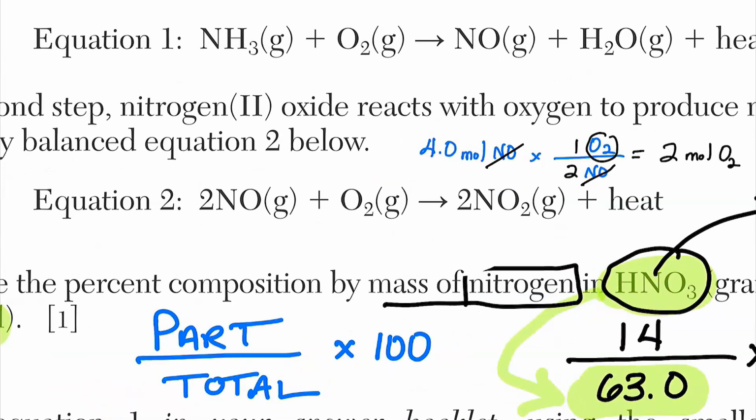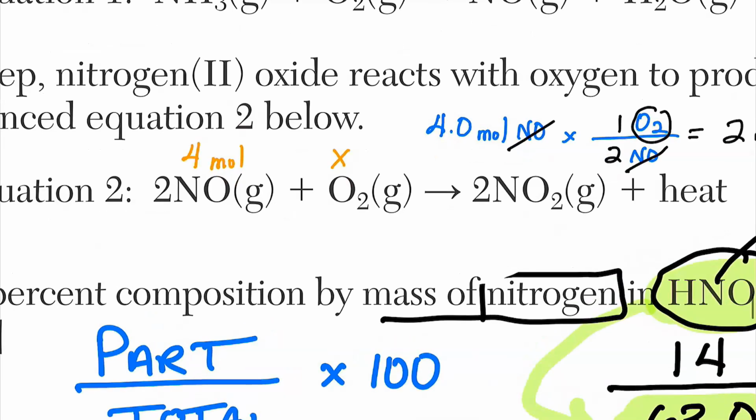So let's change colors here. And so we have 4 moles. We're asking how much O2 do we need to completely react with 4 moles here. So I'm going to make a proportion, and my line is going to be right through the chemical formulas. And the coefficient becomes the denominator. Nothing in front implies 1.